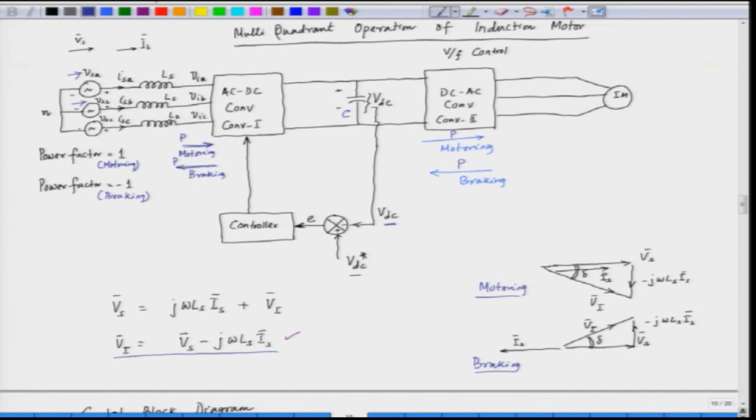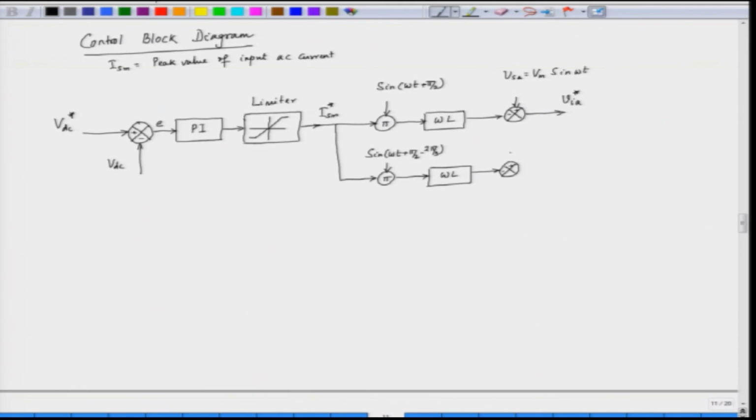Phase B is shifted from phase A by 120 degrees. So, we add VSB, which is Vm sin(omega t minus 2 pi by 3), and the output of this gives us the VIB reference.